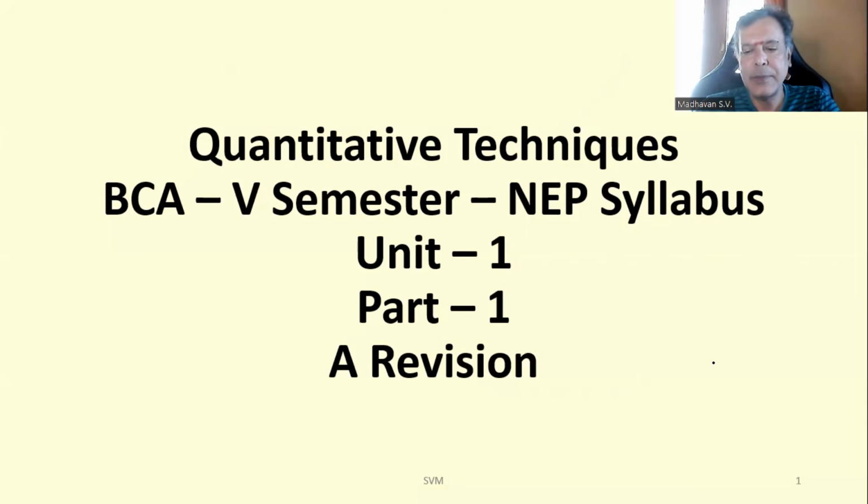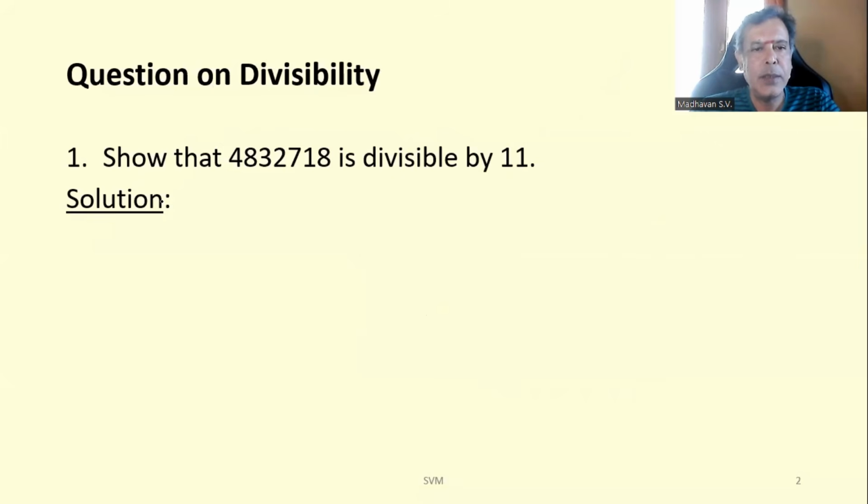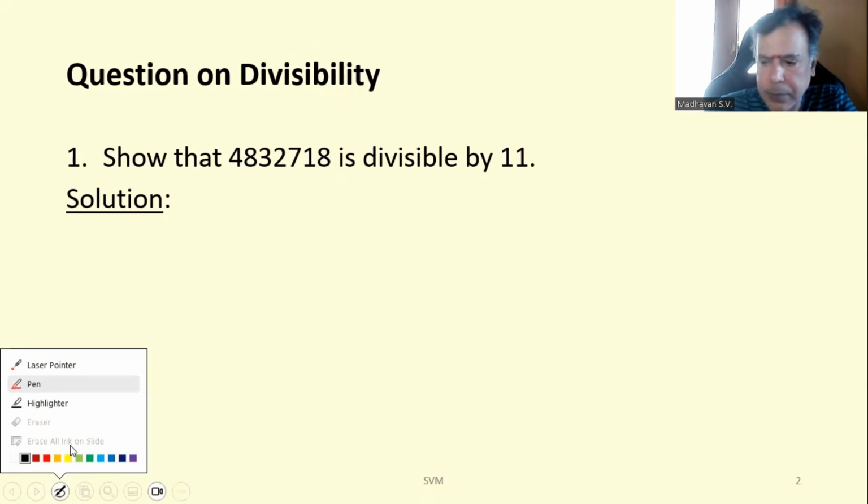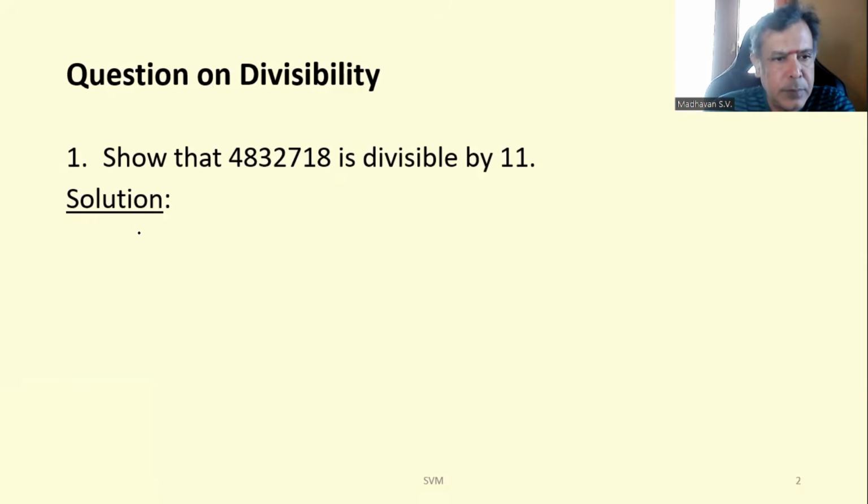So let us start. The first question: show that 4832718 is divisible by 11. Now, the sum of numbers in odd positions.